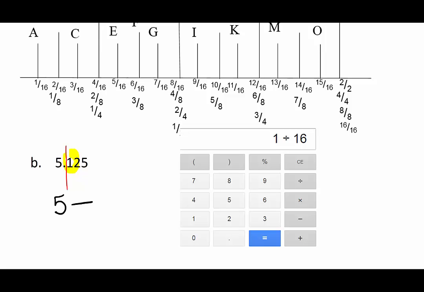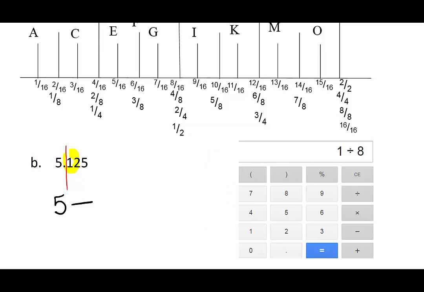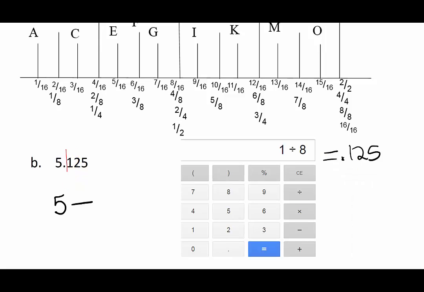So let's go all the way to the bottom and try 1 divided by 16. 1 divided by 16 is 0.0625. So 0.0625 is too small. So we need to go a little bit to the right. So let's try 1/8. 1 divided by 8, plug that into your calculator, and you get 0.125.